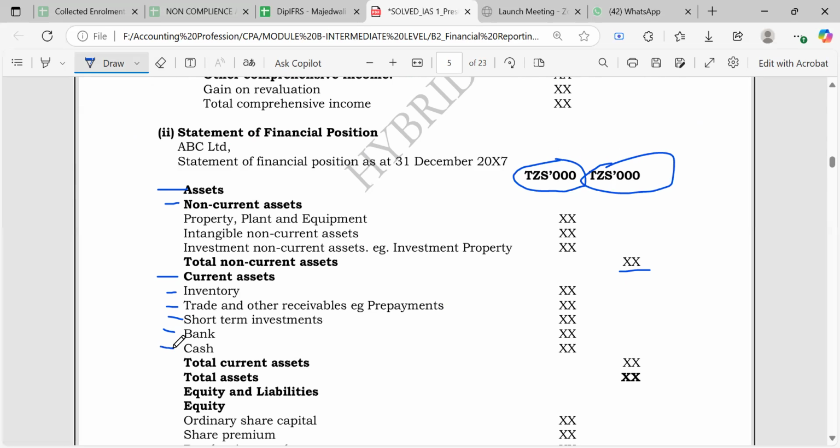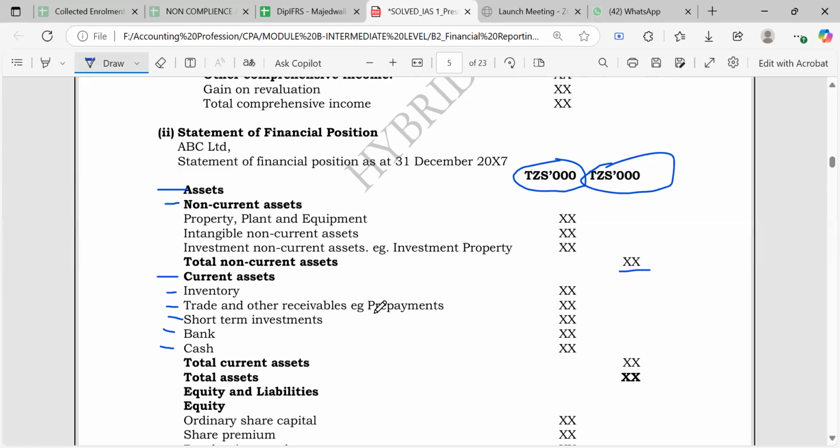Also no rule, but when people are learning the fundamentals of accounting, it is common to tell them to arrange these in the order of increasing liquidity. Increasing liquidity means increasing ability to convert that asset into cash.